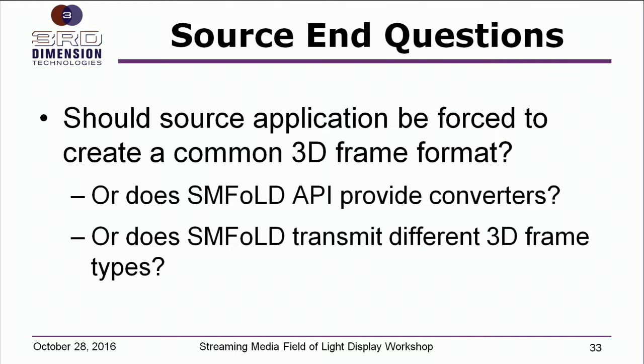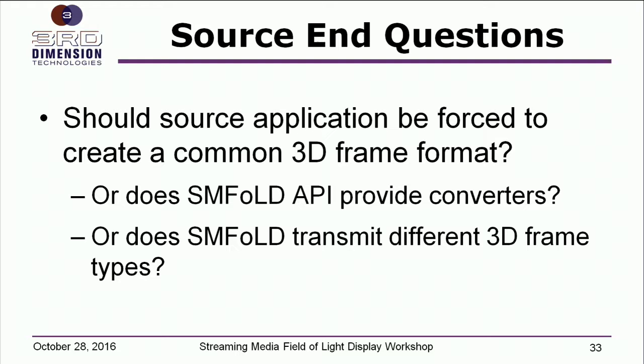Source end questions. Should the source application be forced to create a common 3D frame format? Do we force a single 3D frame format? Can we do that? Or does the API provide converters to convert from separate frame formats to a single frame format?